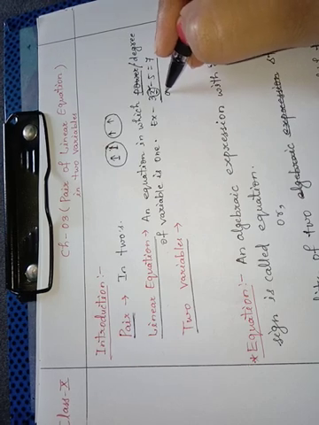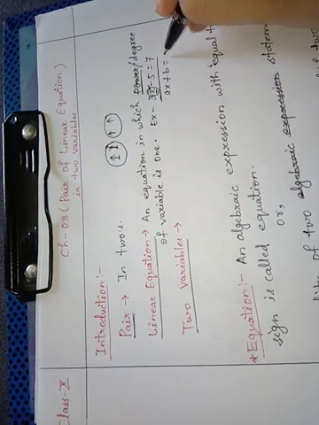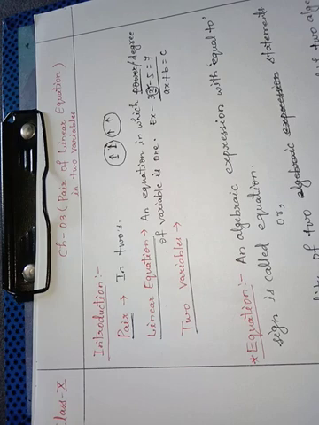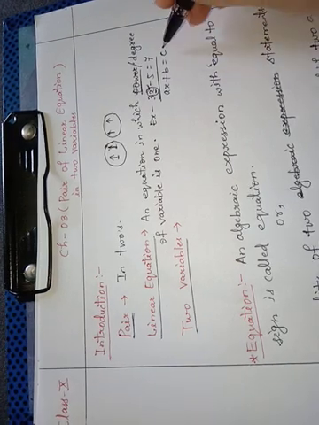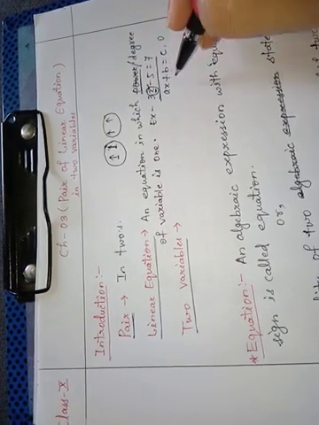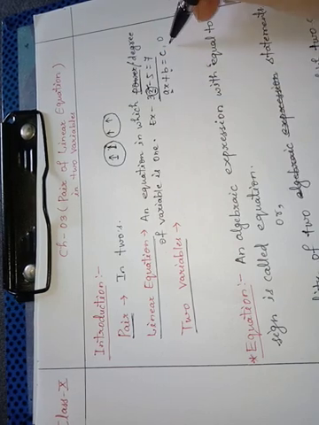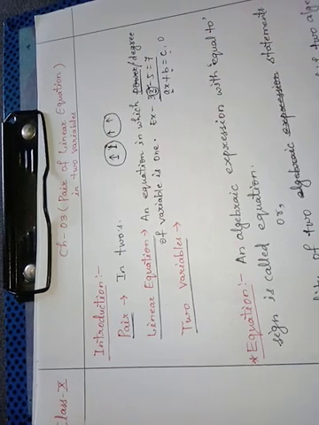And the form of linear equation is ax plus b equal c or 0. A, B and C all are real numbers.